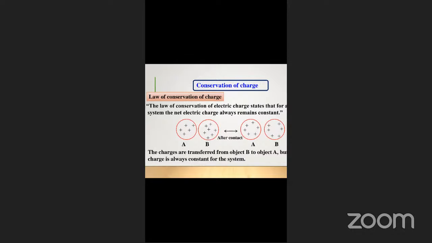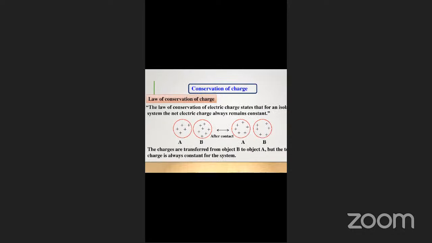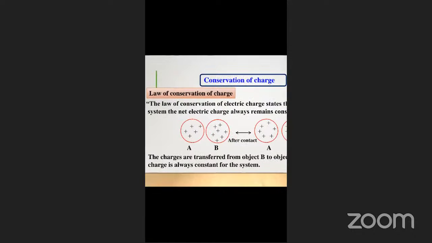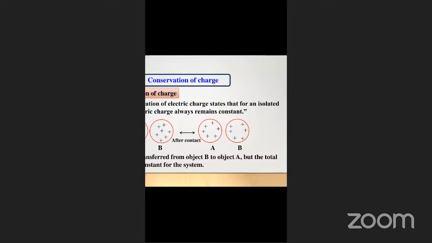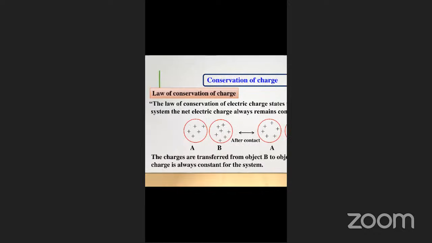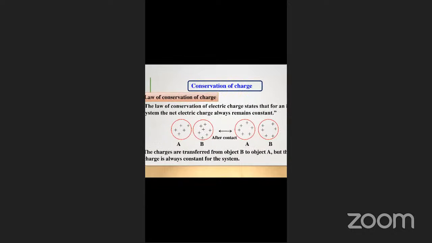In this case, you can observe conservation of charge. The law of conservation of electric charge states that for an isolated system, the net electric charge always remains constant.